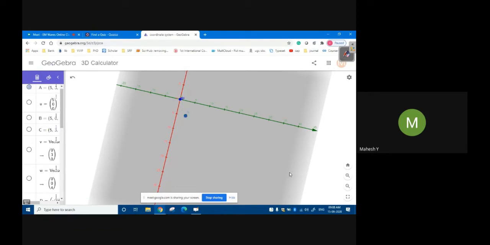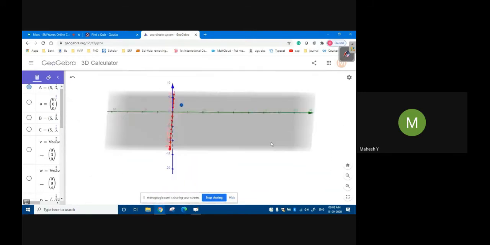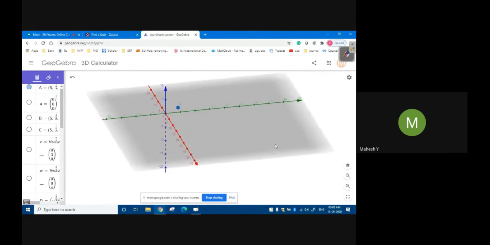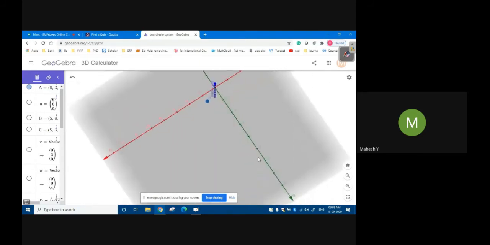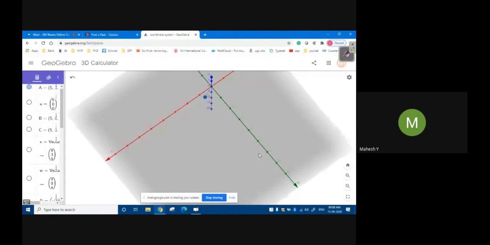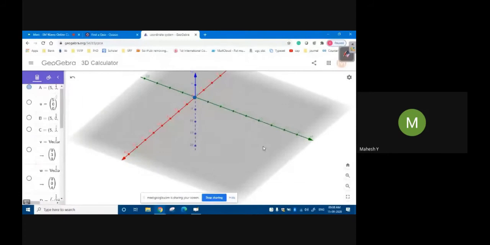So I'm marking a point A here. If you can see, A is in 3 dimensions. The coordinate is 5, 3, 4. So 5 is along the x-axis, 3 is along the y-axis, and 4 is along the z-axis.